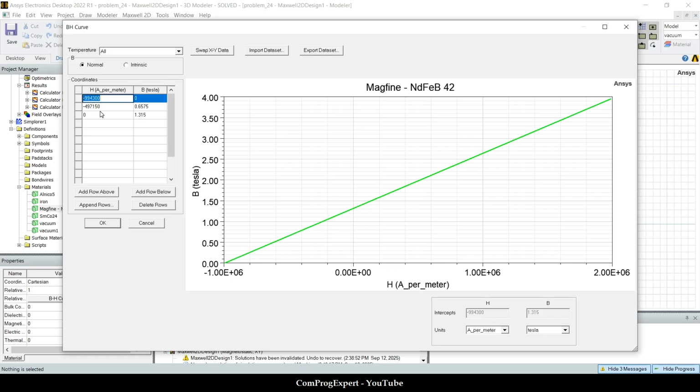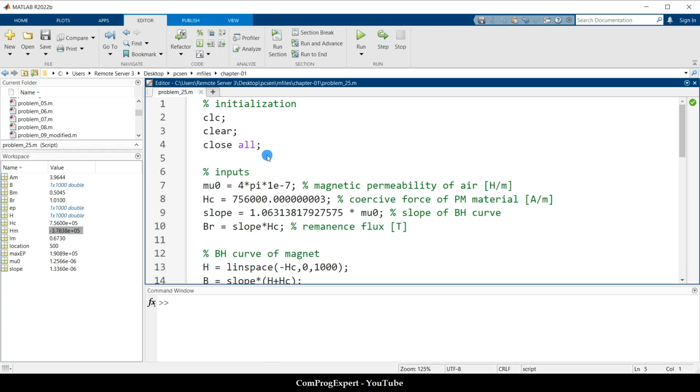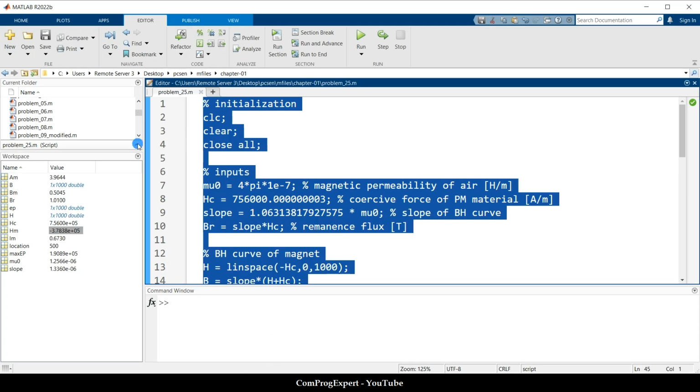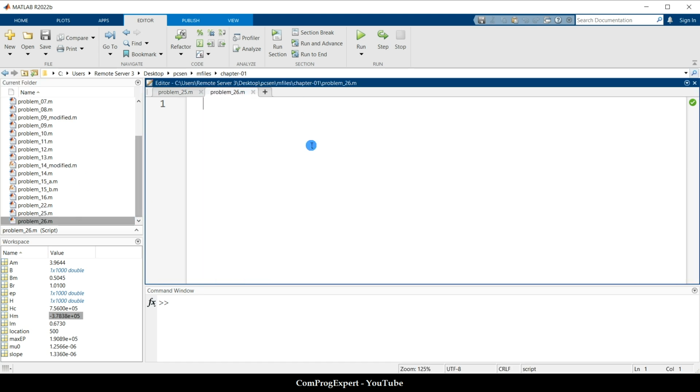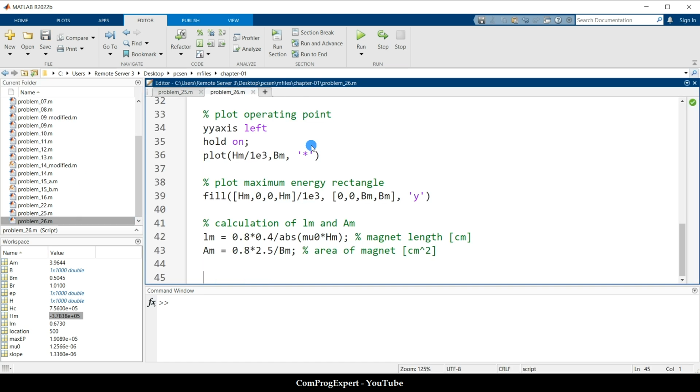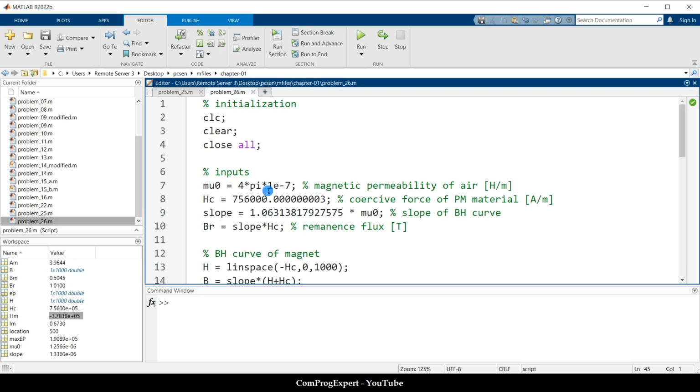You can see the data, these 3 points. This is the value of the HC when the value of the B is 0. So let me copy the code of the problem 25 and paste it here for this problem 26, just changing these numbers.